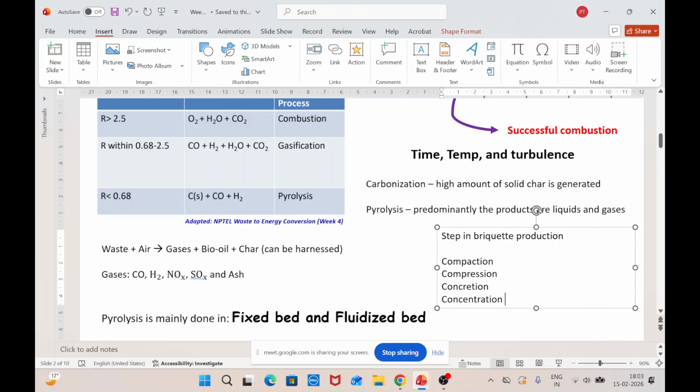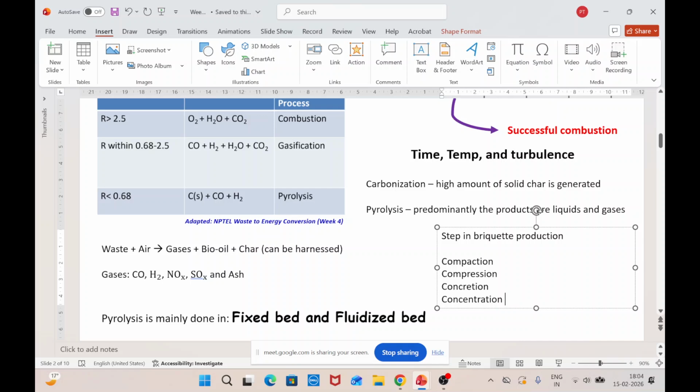Yeah, that is quite easy. For inorganic, you can say cement, and for organic, you can say starch, molasses or tar. In inorganic binders, you have cement, clay, and sulfite liquors. So these are some of the examples of organic and inorganic binders.